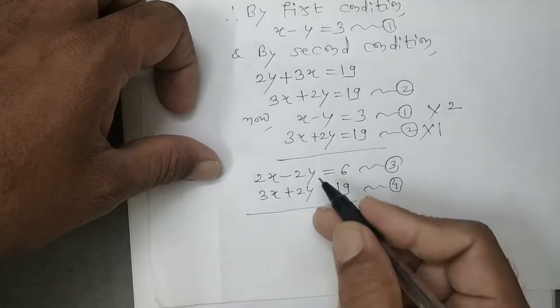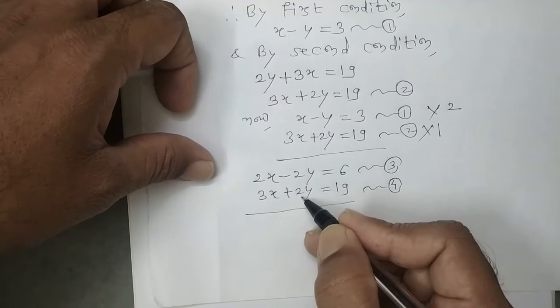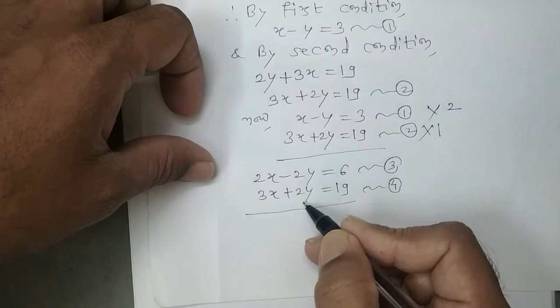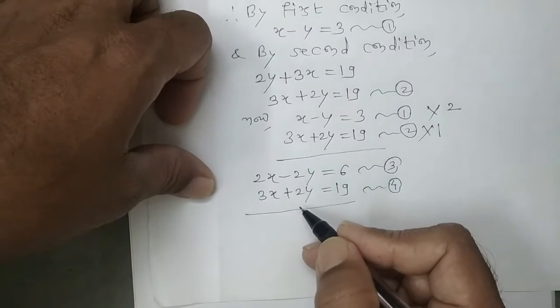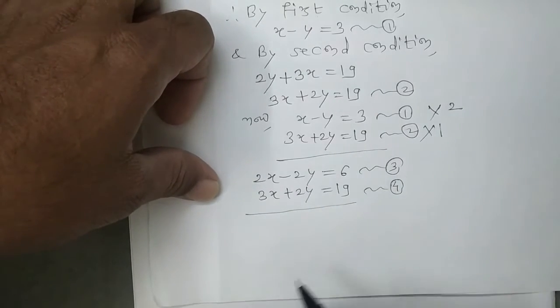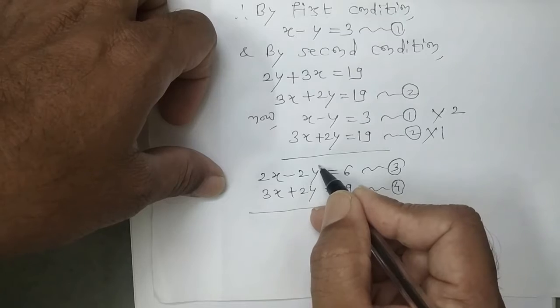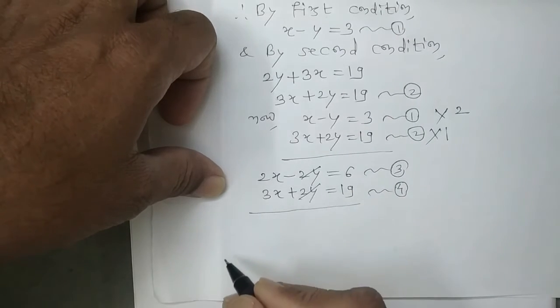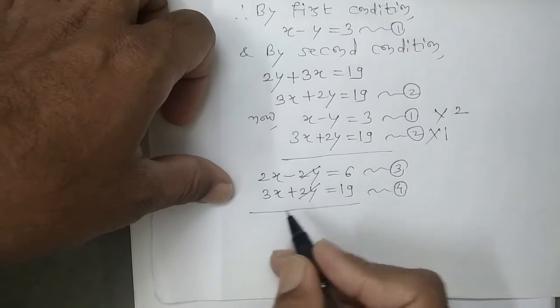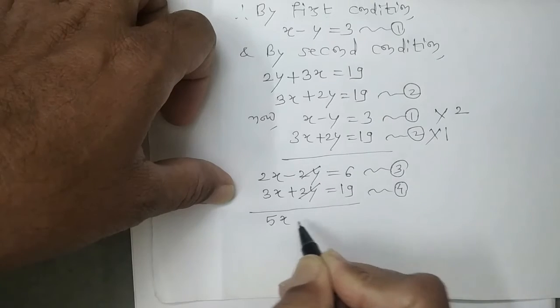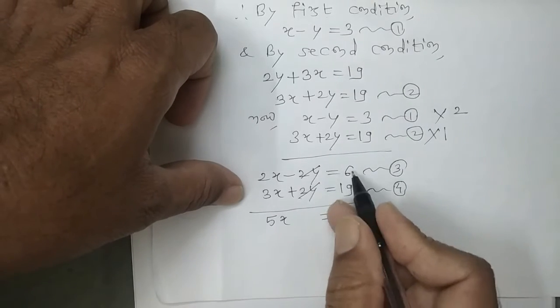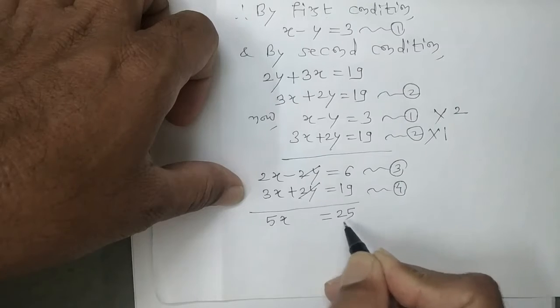Now here these coefficients are equal and their signs are different. Therefore taking addition, minus 2y plus 2y get cancelled. 2x plus 3x, 5x, is equal to 19 plus 6, 25.